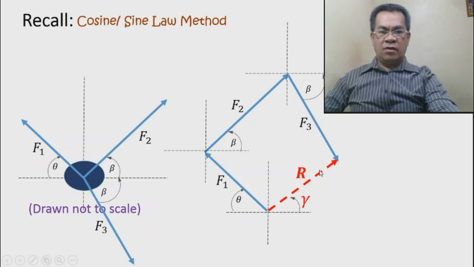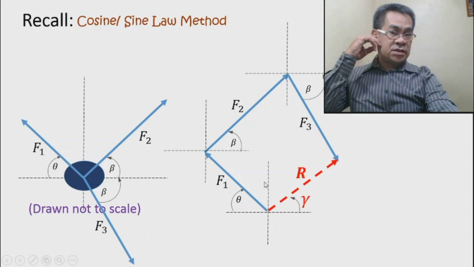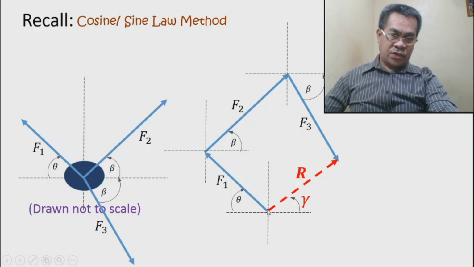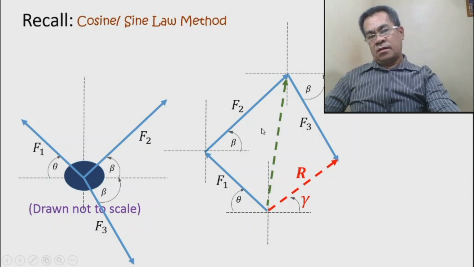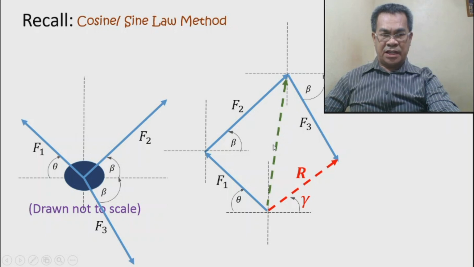Now, how will we solve this? To solve for this resultant, you have to divide this quadrilateral into two triangles. You connect this point to this point so that we have this triangle. By triangulation, in order to solve for R, you need the information of this line, because this line is the vector sum of these two, just like what we did before.